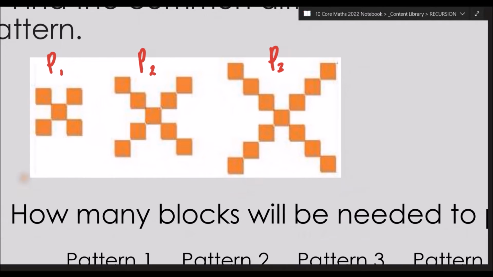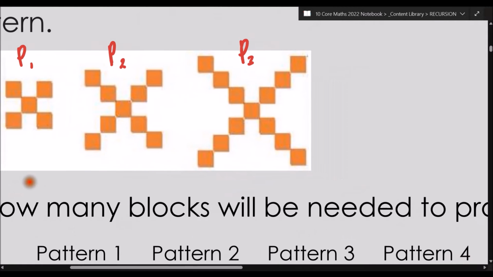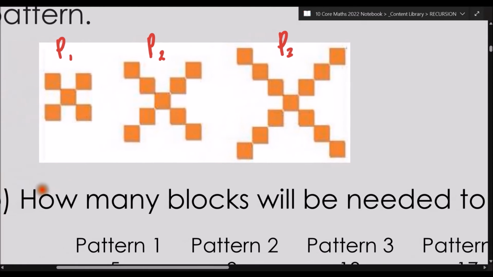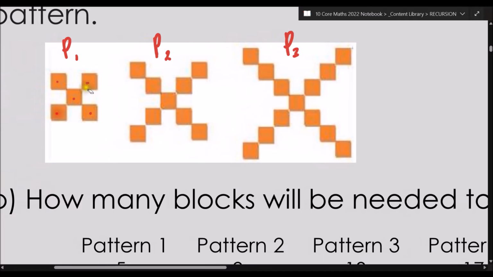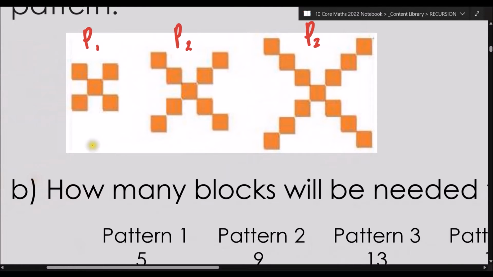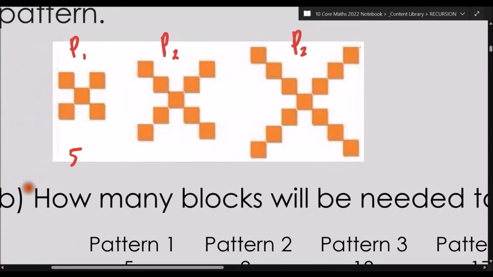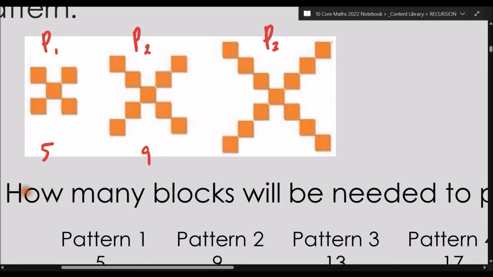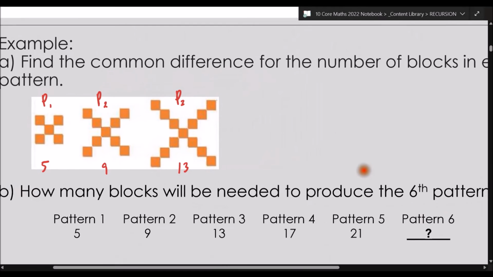Pattern number 2 has 9 blocks, and pattern number 3 will have 13 blocks. I'm just counting them. You can actually put them in as well. That's got 5. This has 9, and this has 13. That's the number of blocks in each one.